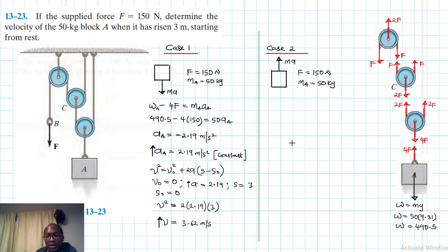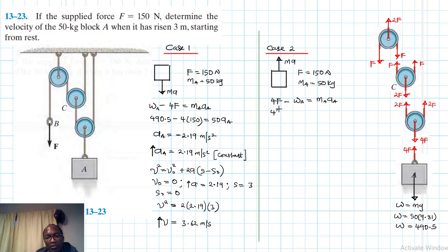So the equation of motion this time around will have 4F minus WA equal to mA times aA.